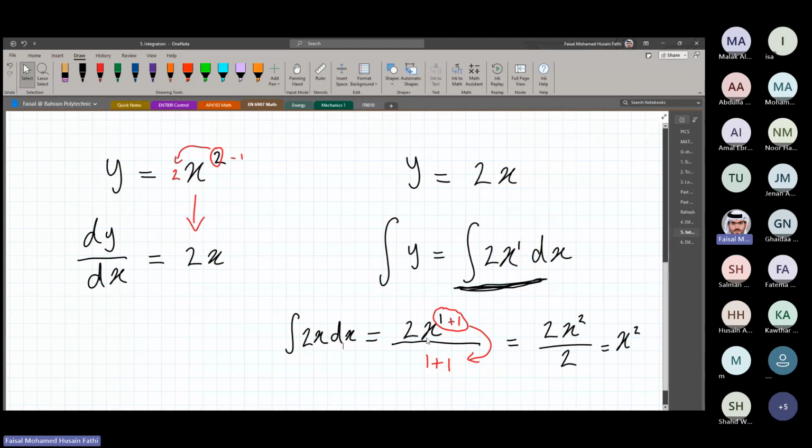We have here 2x, 1 plus 1, which is 2x power 1. We are going to add 1 to the power, and this new power we're going to divide the whole equation with. So if you notice, the final answer here, x squared, is equal to the answer or the question here when we had to derive. It's basically vice versa, and we're going in reverse.